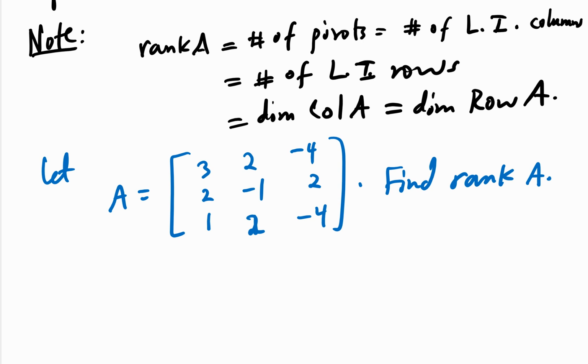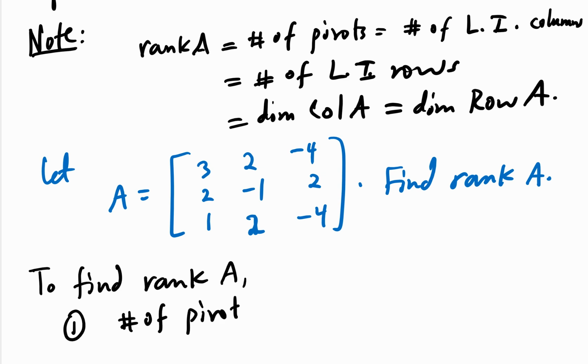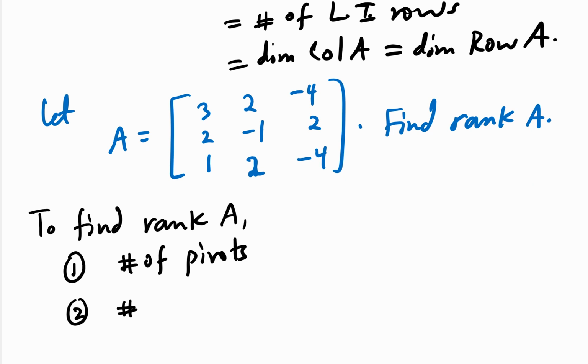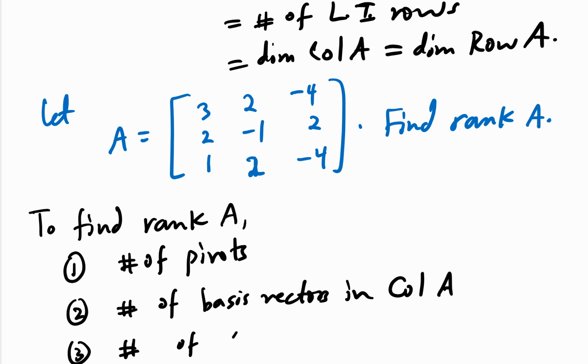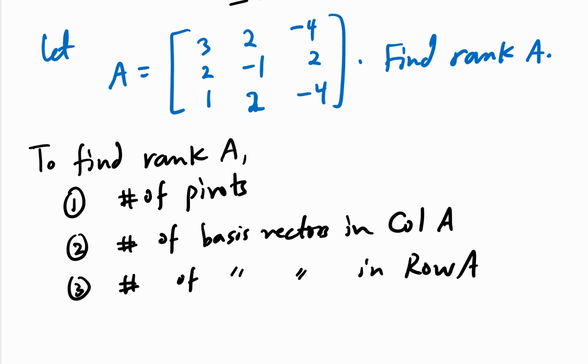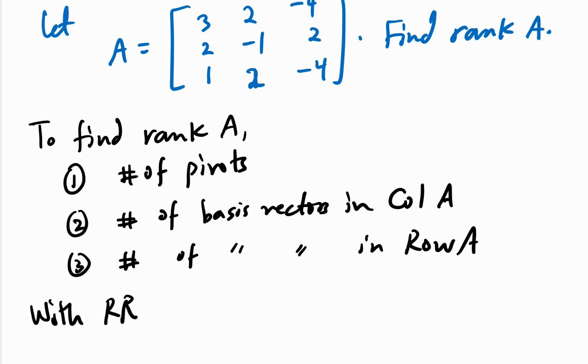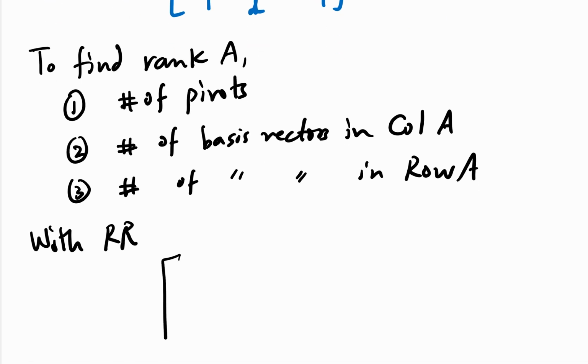To find the rank of A, we can do so by either finding the number of pivots, or we can find the number of base vectors in the column space of A, or the number of base vectors in the row space of A. To use the number of pivots, we go with row operations, the row reduced form of A, which I found already, and I'm assuming everyone can do that.